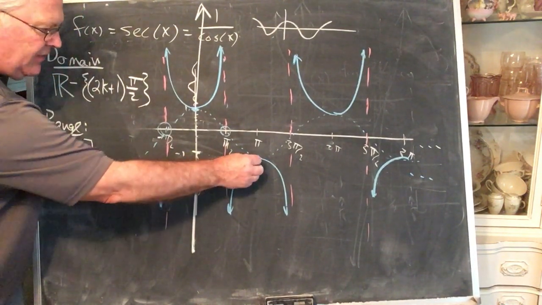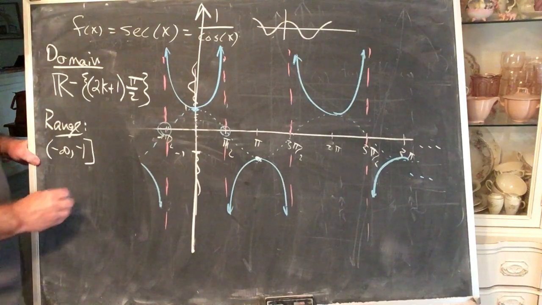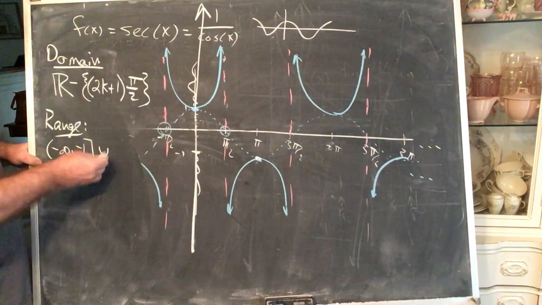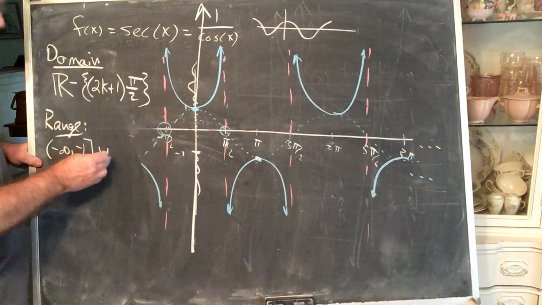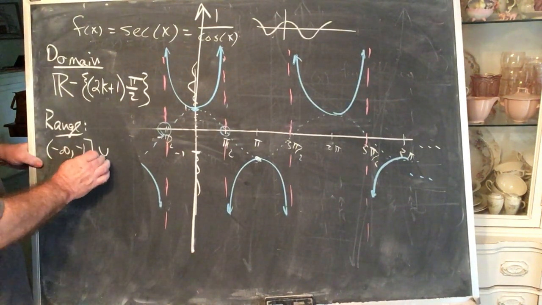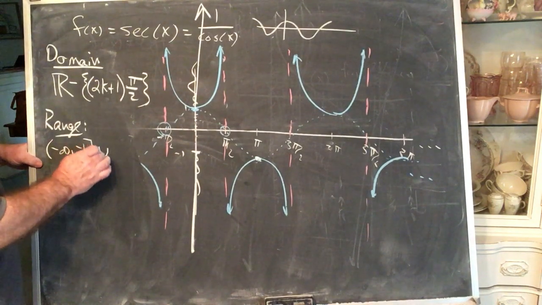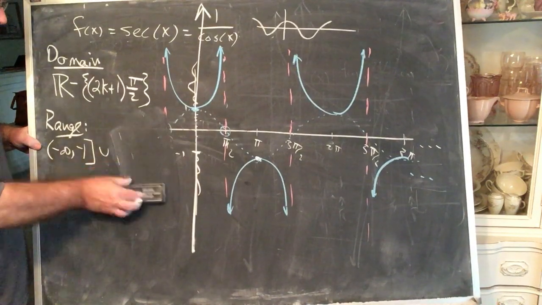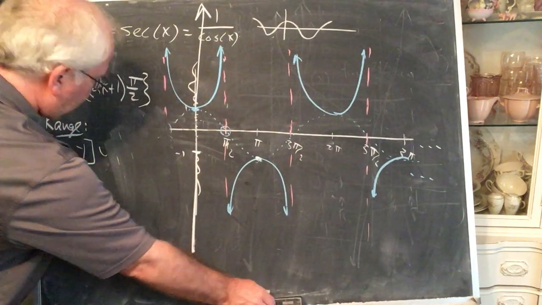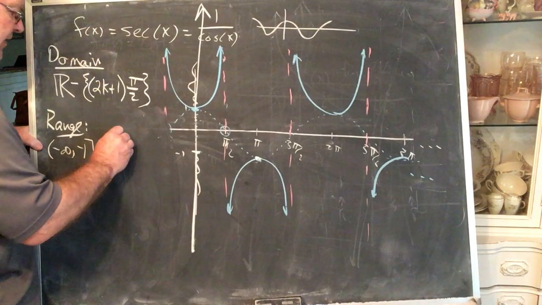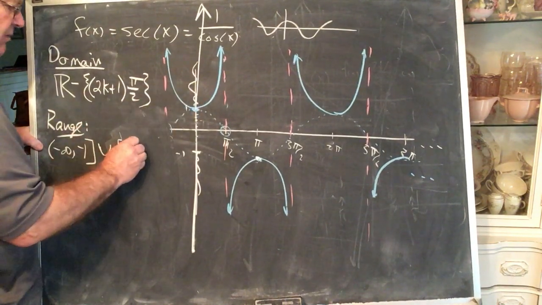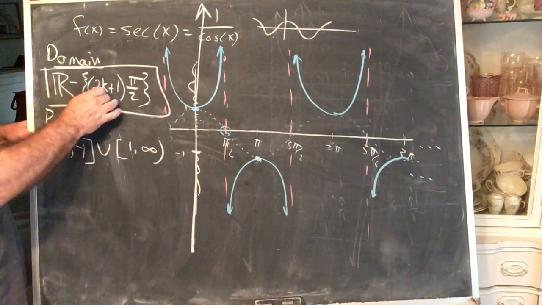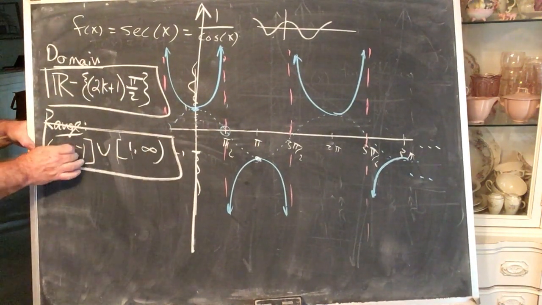There actually is a point on the graph at -1. And then usually we write a union symbol. If you just write a comma or a semicolon or just write the word and, that's fine. This is the union symbol. Technically it's the word or, but you can write the union symbol if you wish. If you wish, you may simply write a comma or just leave it empty. And then the piece up here is from 1 to positive infinity. So there's the domain, rather complicated to write. There's the range, rather complicated to write.